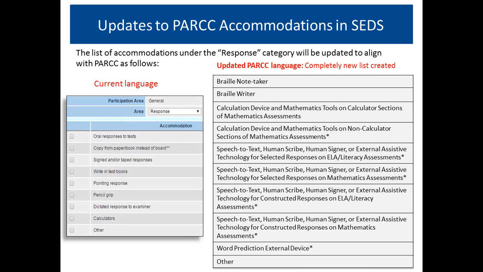What you selected in DCCAS is going to be fine, because there's that crosswalk document that shows how the DCCAS accommodation can substitute in when you click the box in SEDS for what you would have clicked for PARCC. So you don't need to go amend everything just because this list is getting swapped out. It should remain the same in SEDS even after the update as far as the type of accommodation you selected.